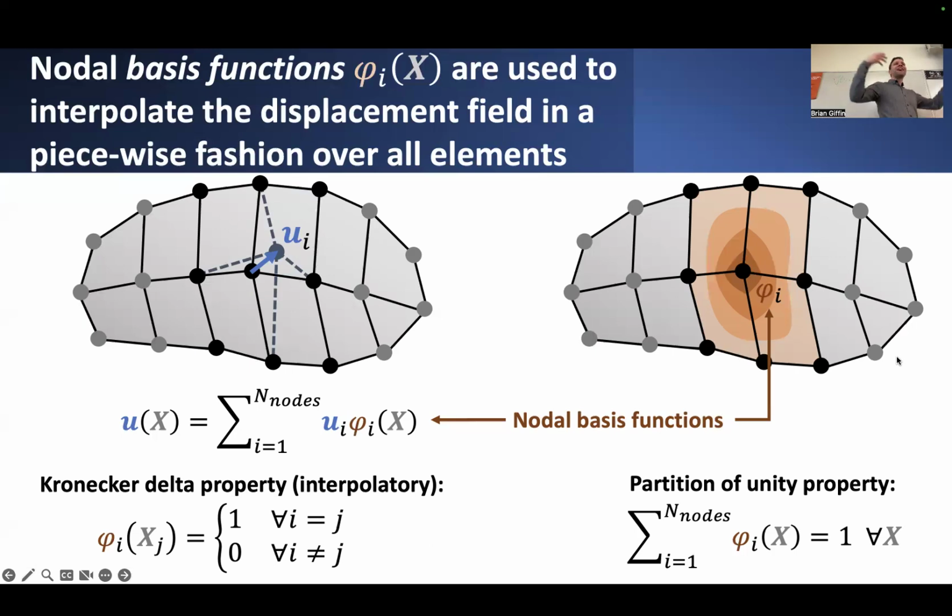The other one was this compact support property, not explicitly stated here, but the idea is that it's only over this patch of elements to which this particular node is connected that this basis function is non-zero. And over these other elements where I'm not showing any color, it's assumed that the basis function for this particular node is just equal to 0 everywhere.